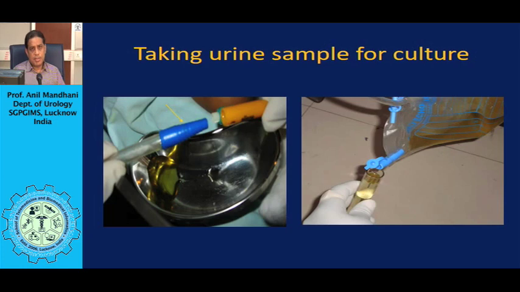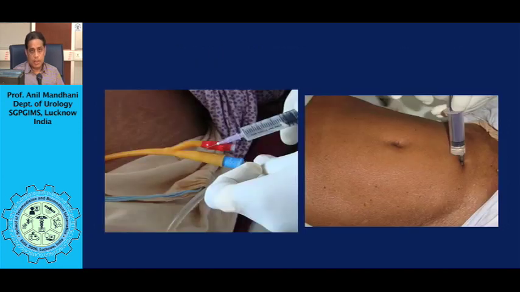Pyelonephritis is a clinical diagnosis. You practically don't need any imaging to diagnose this condition to begin with. So any person who presents with high-grade fever, with chills and loin pain, and if you demonstrate tenderness at the renal angle, this indicates a diagnosis of pyelonephritis.